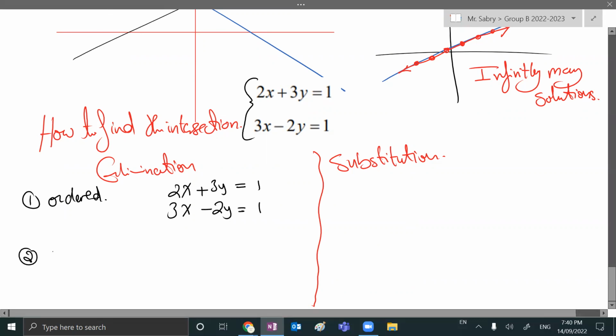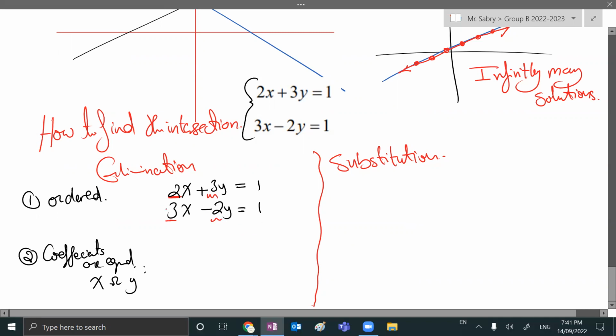The second step is to make sure that the coefficients are equal for either x or y, any of them. So what do I mean by that? I mean these numbers next to the x should be equal, or the numbers next to the y should be equal. So how do I make them equal? By multiplying.